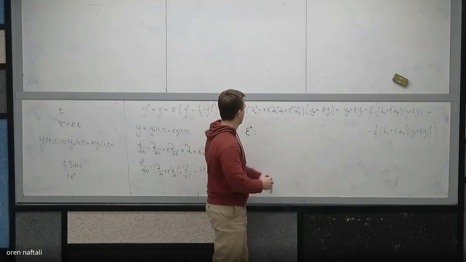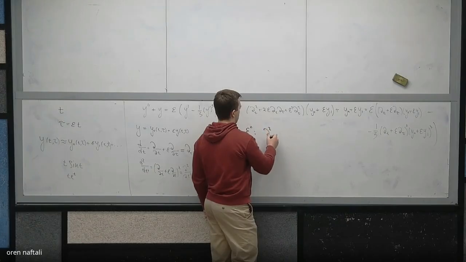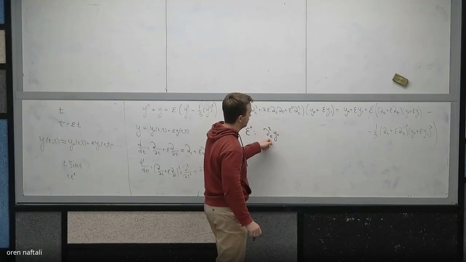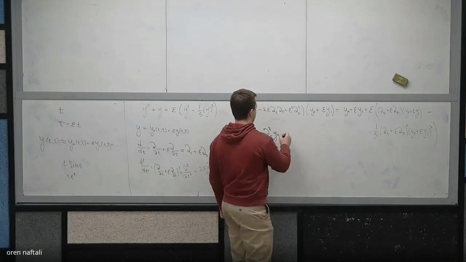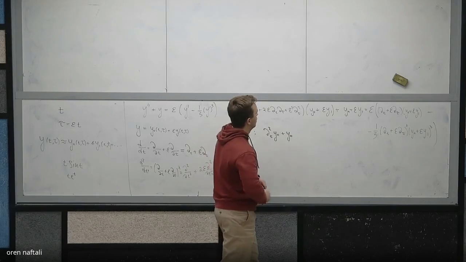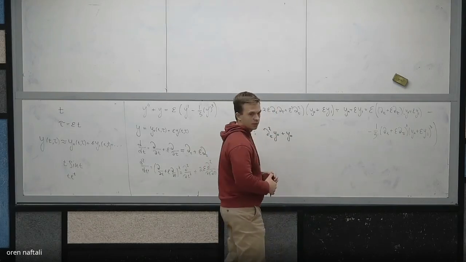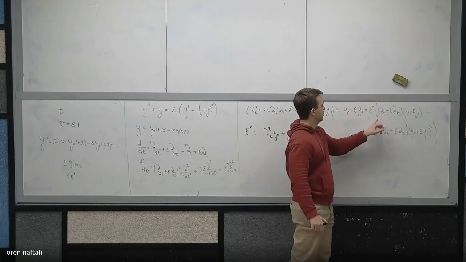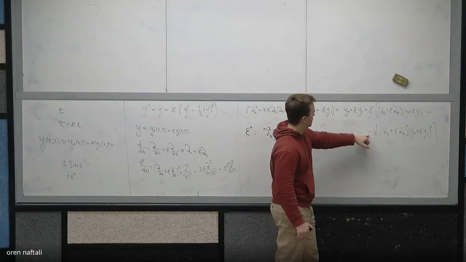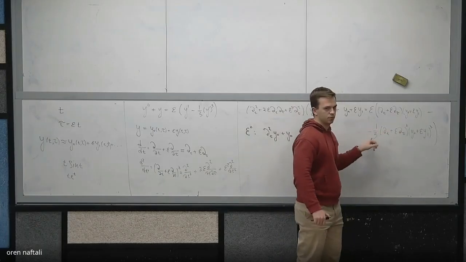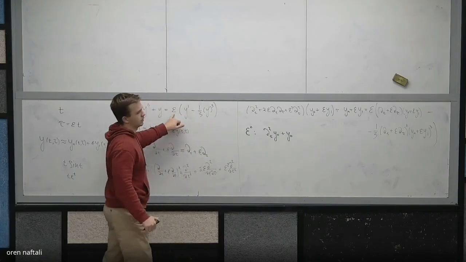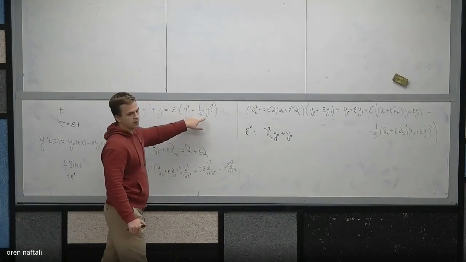Here we have the second derivative of y naught with respect to t plus y naught, and that's it for this order. Then the other terms: minus d_t y naught, inside the parentheses, epsilon times 1/3, and so on.